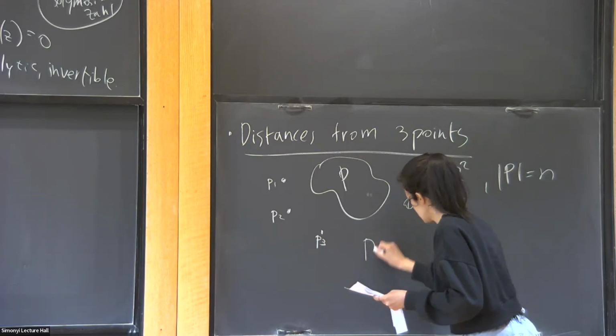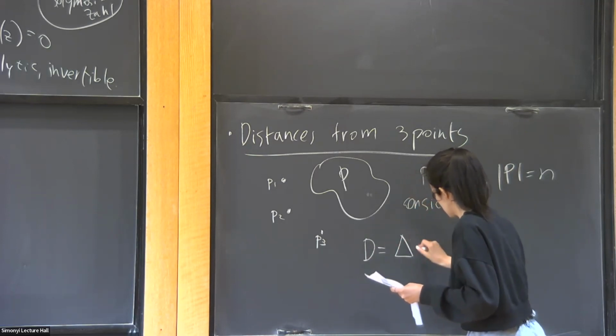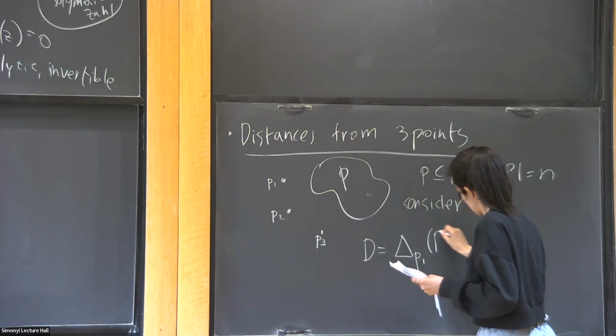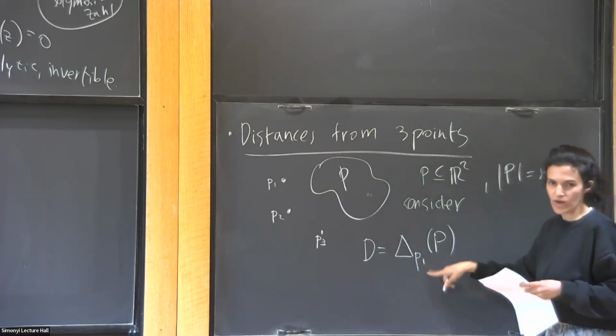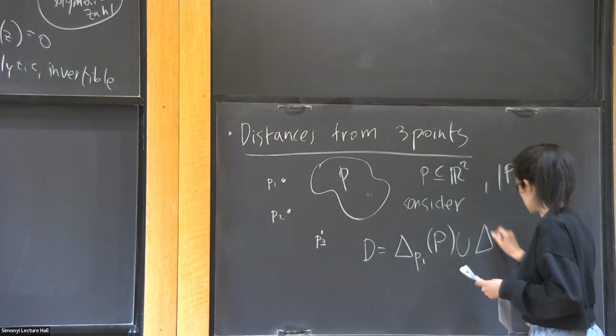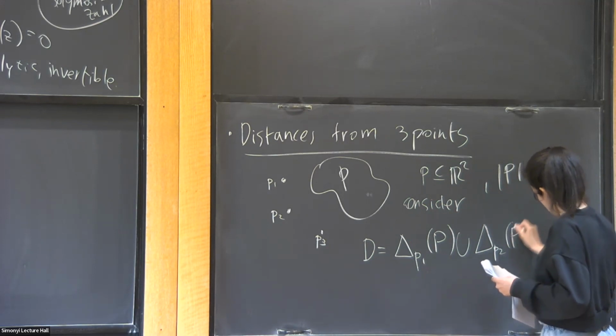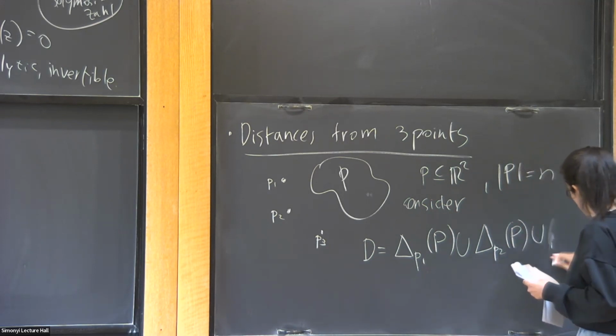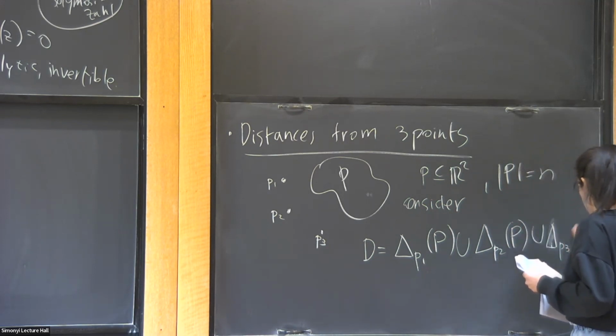So D would be the union of the distances between P1 and the set, the distances between P2 and the set, and the distances between P3 and the set.